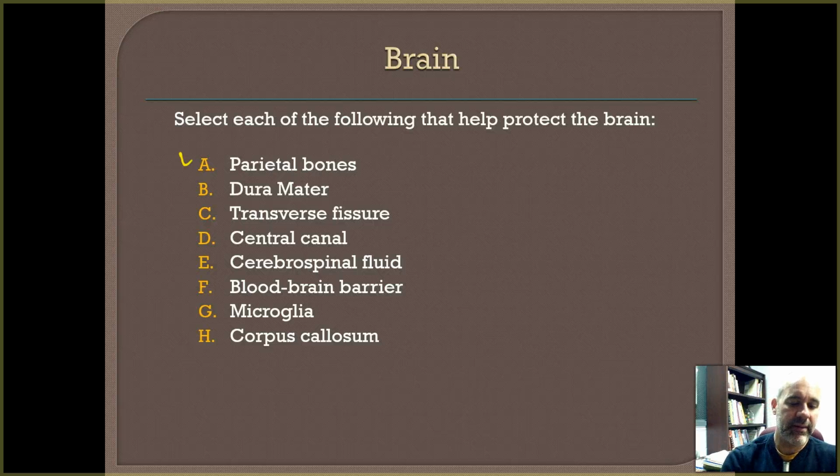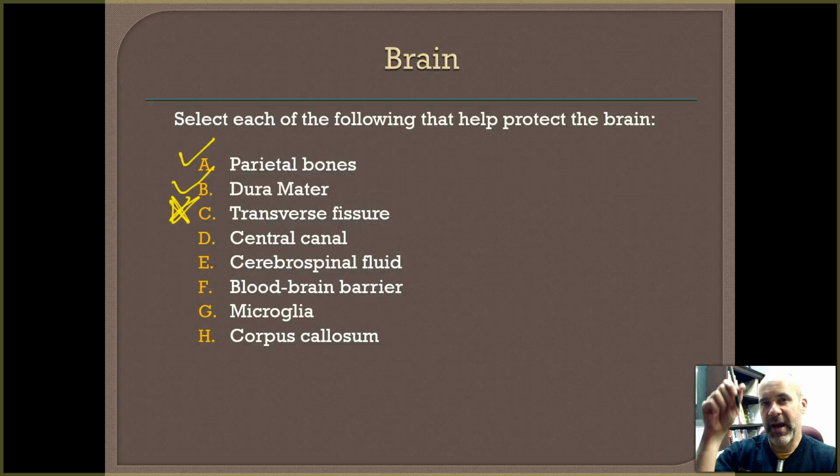The dura mater, that tough outer covering of the meninges, remember that? Oh yeah. The transverse fissure, can you think of any reason why that's protecting the brain? No, it's just an anatomical feature. The central canal, is that protecting the brain?